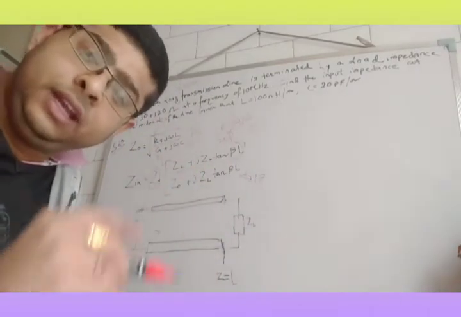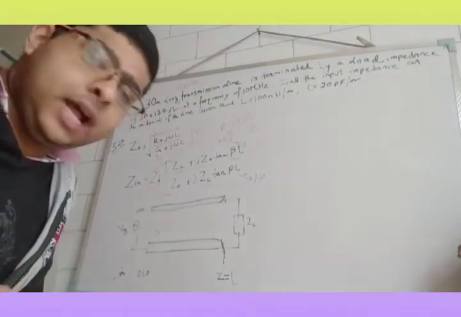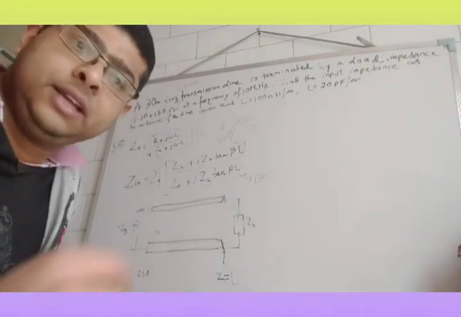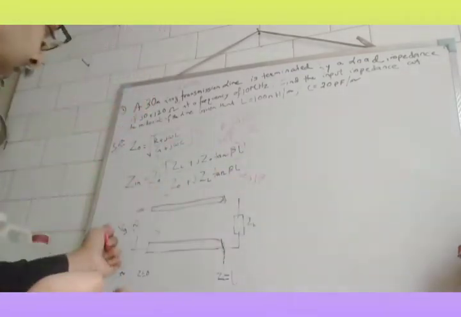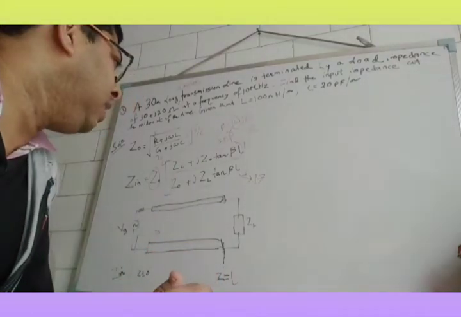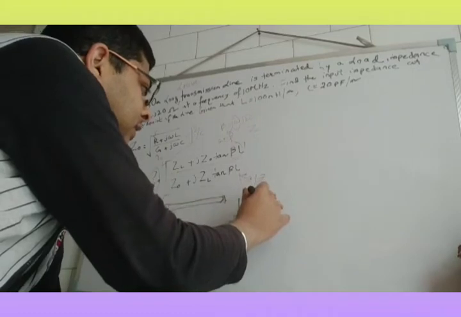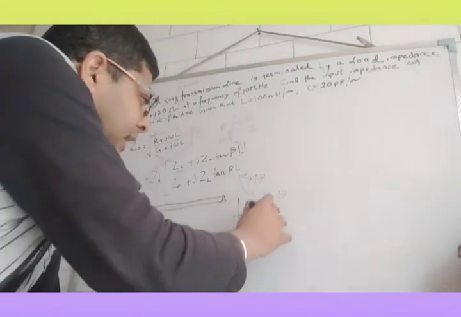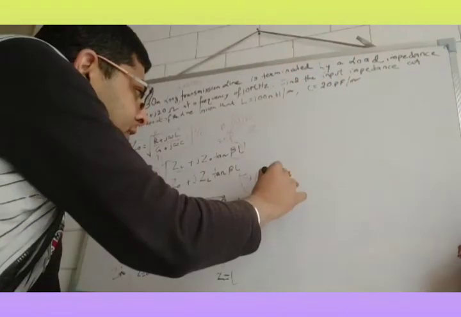But if they ask the same thing in a different way, say at 17 meter from the generator end, then this L will be 30 minus 17.